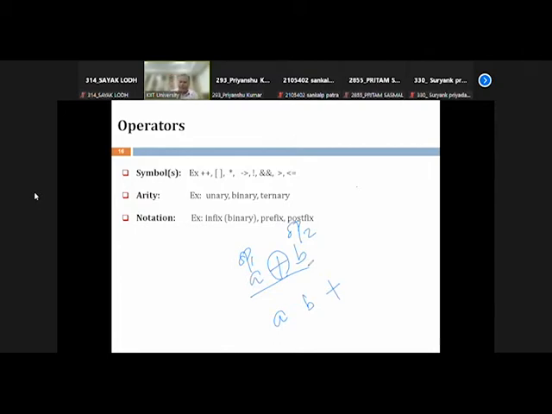Then prefix: the same A plus B could have been written as plus, then A, then B. Prefix notation: first the operator, then the operands. All binary operators in C are basically infix.